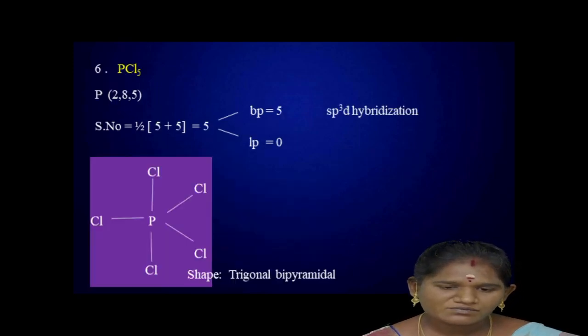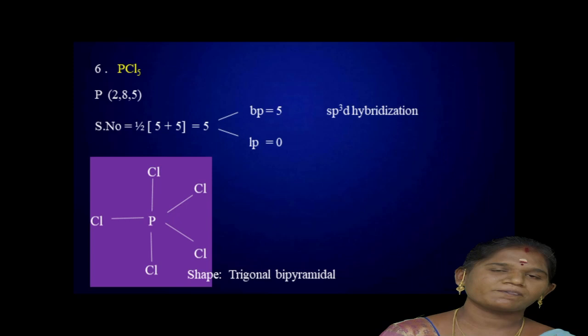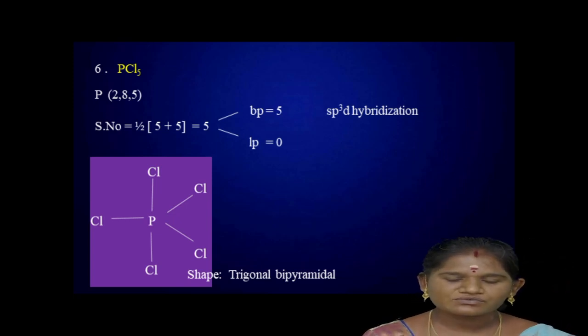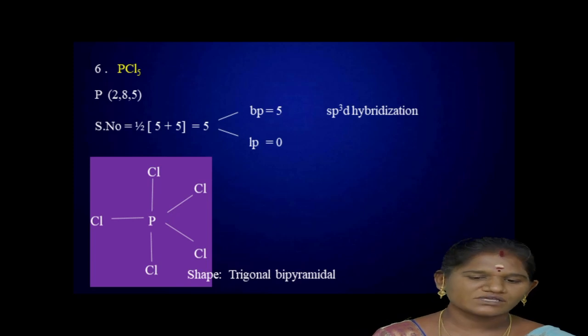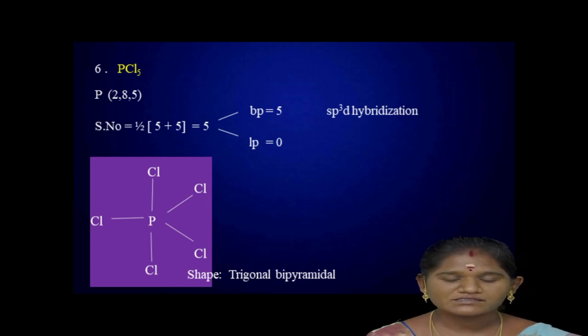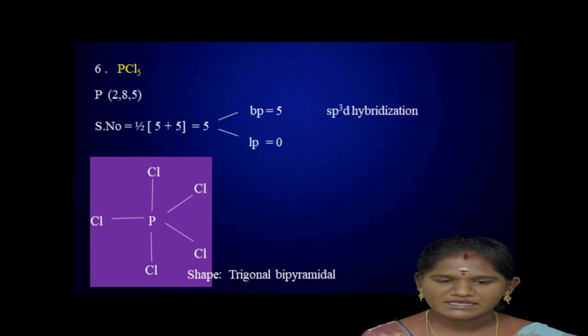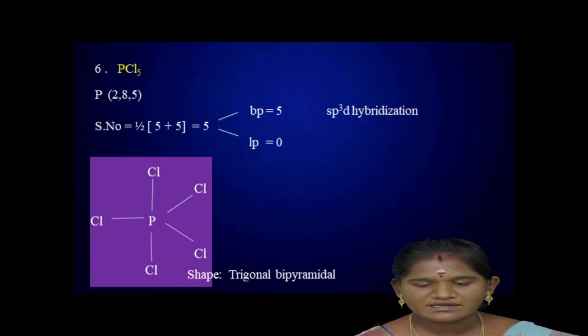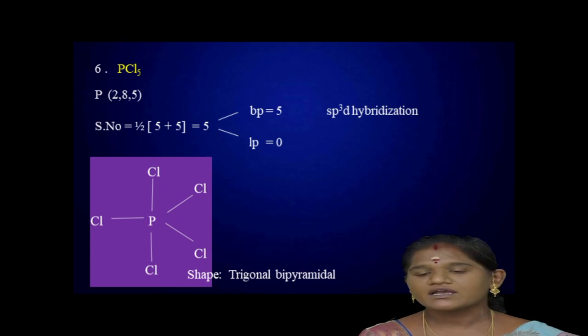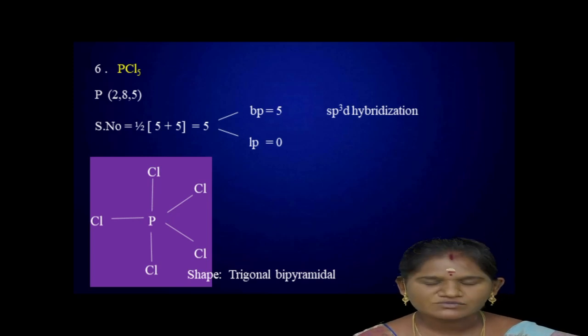Okay. So the next molecule is PCl5. The electronic configuration of phosphorus is 2, 8, 5. So the steric number is equal to the valence electrons of the central atom, 5, plus there are 5 atoms attached by sigma bonds. So the steric number is also 5. Here there are 5 atoms, so the bonding electron pairs are 5.